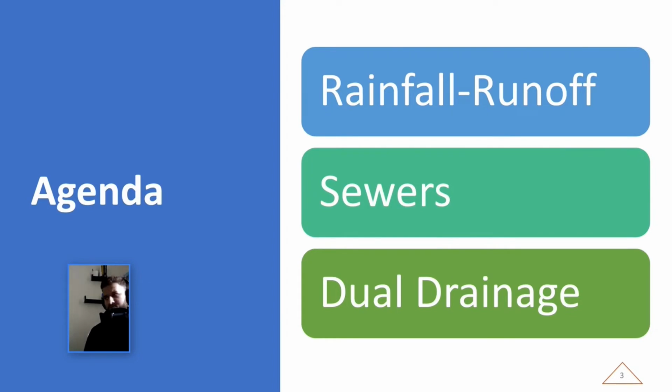I'm pretty sure a lot of you have already heard or read about what dual drainage modeling is, but we want to make sure that all of us are on the same page.